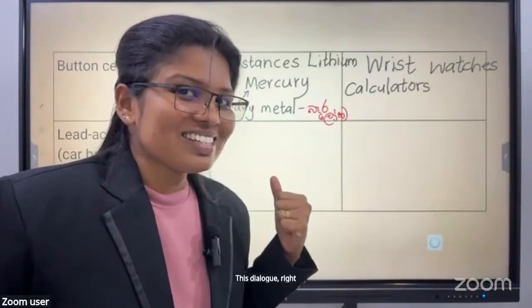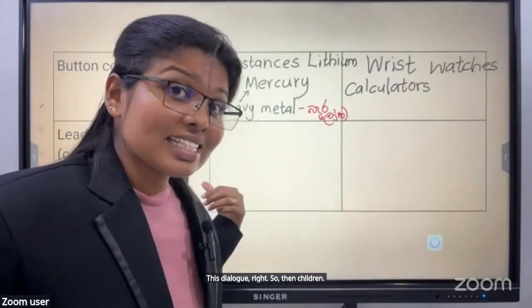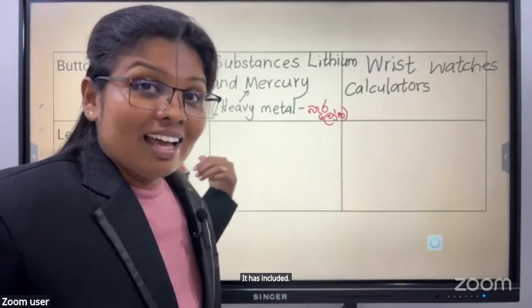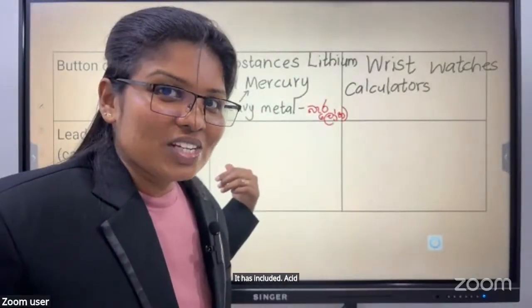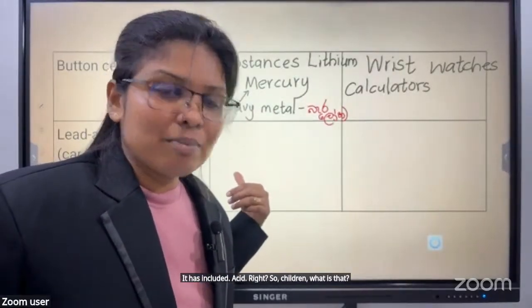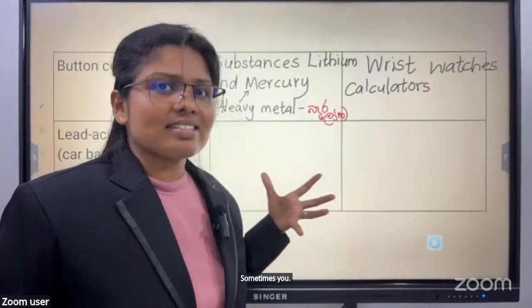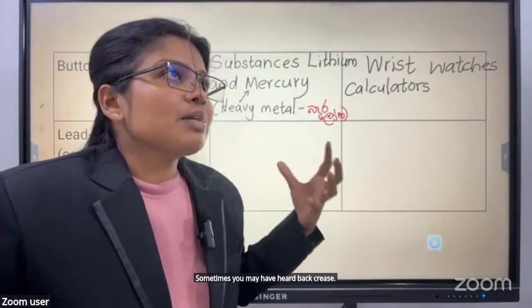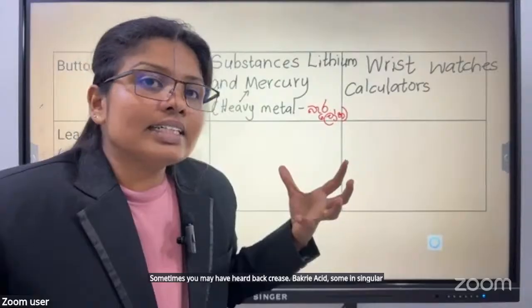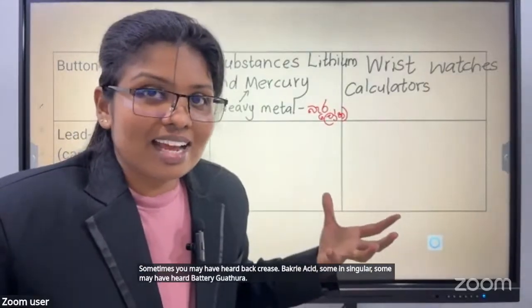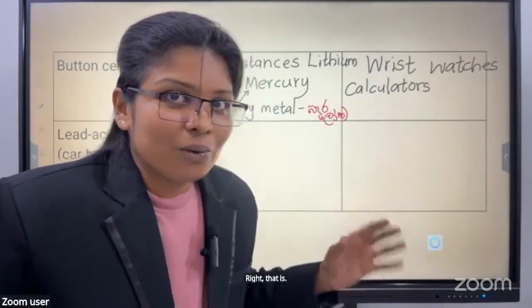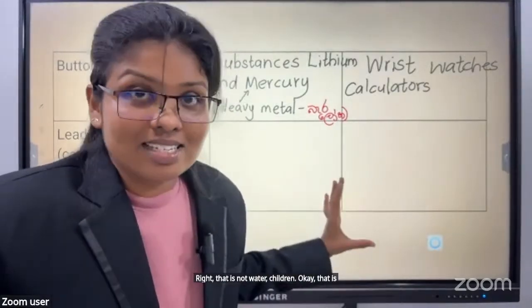Right? So then children, it has included acid, right? So children, what is that acid? Sometimes you may have heard battery acid. In Sinhala, some may have heard battery වතුර, right? That is not water, children. That is sulfuric acid.